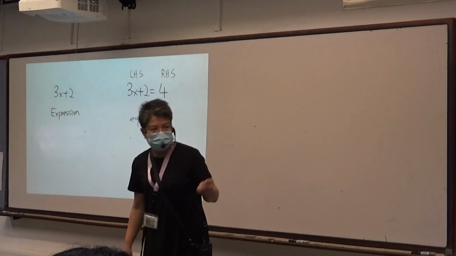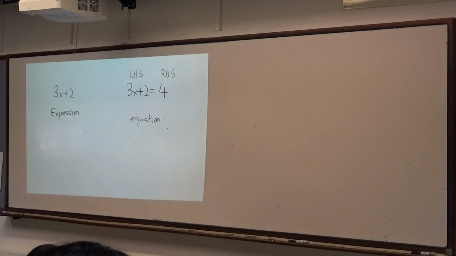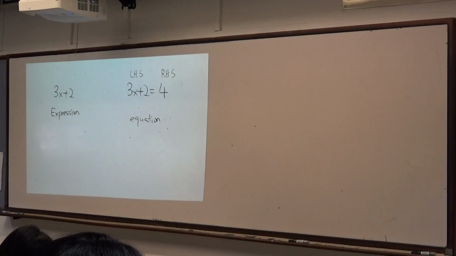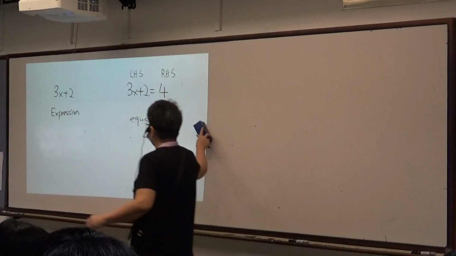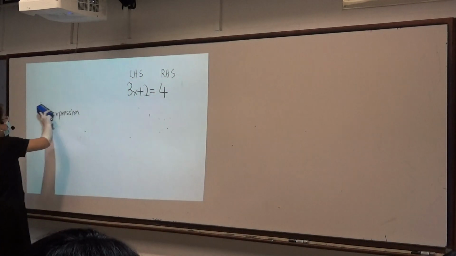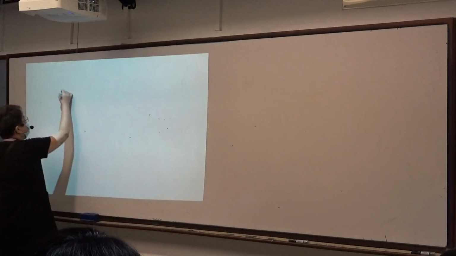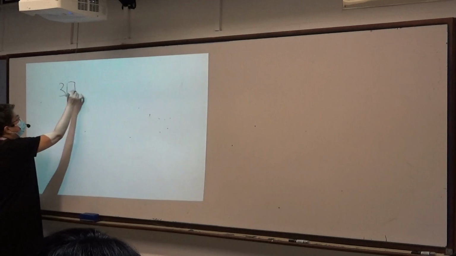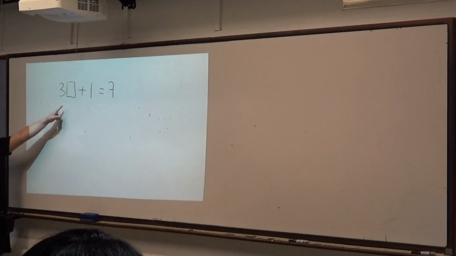Correct? Okay, now, can we all look at page 124 now? Linear equations, one variable, and so on, and it talks about solution. What do you mean by solution? Let me just show you something here. If I have 3 something plus 1 equals to 7, what do you think this something will be?